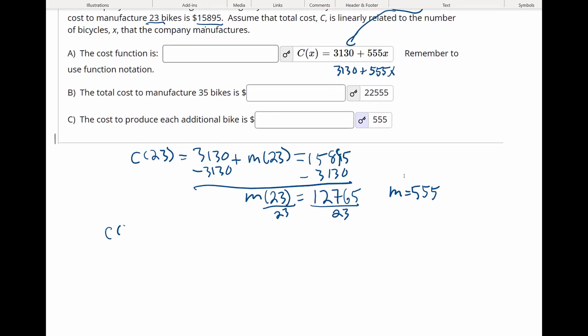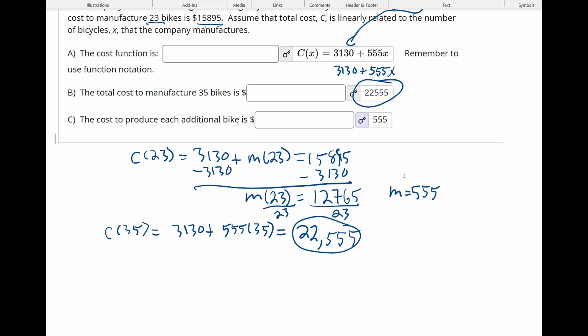C of 35 would be equal to 3130 plus 555 times 35. I get 22,555, which fits with this answer here.